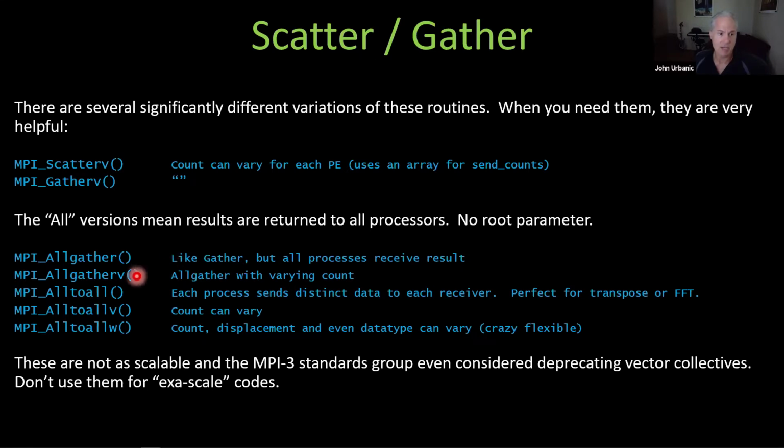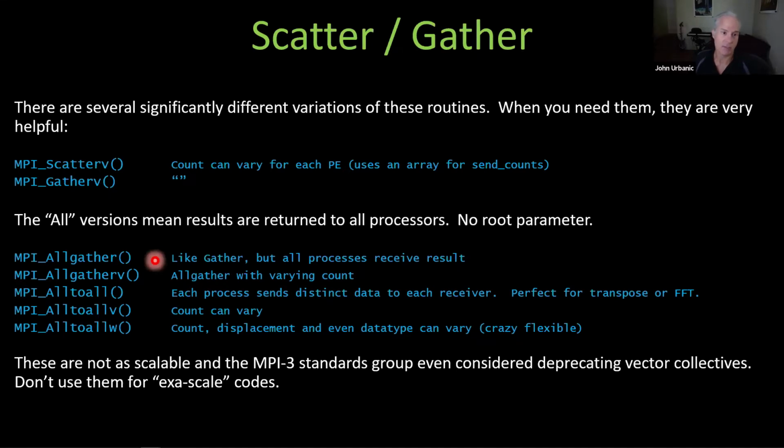A lot of times you'd also like all of the PEs to end up with that result. So you might gather all the data together on PE0, and that collected data might be useful for all the PEs to know. So you could do a broadcast right after that. We could do a gather, collect all the data in one place, and then broadcast it back to all the PEs so they all have a copy of this collected data.